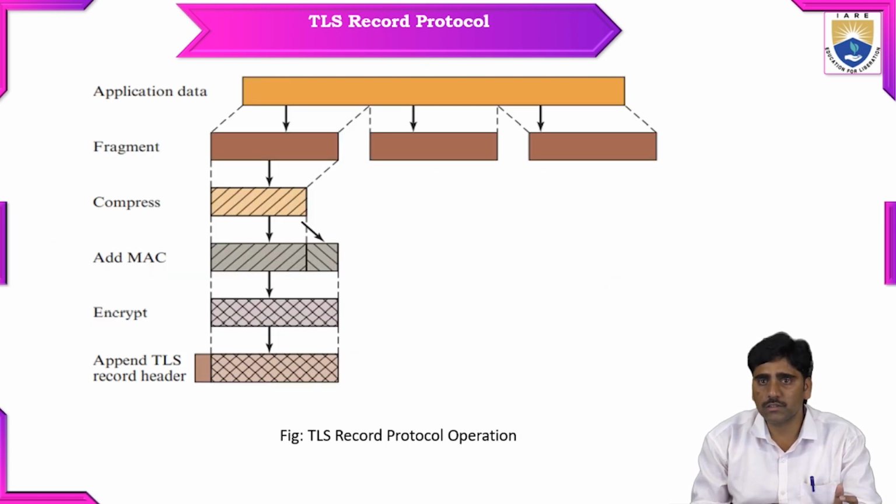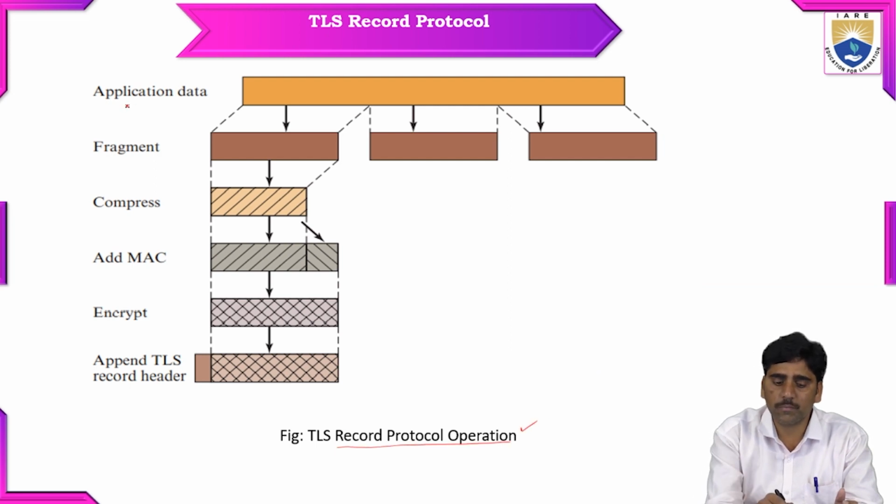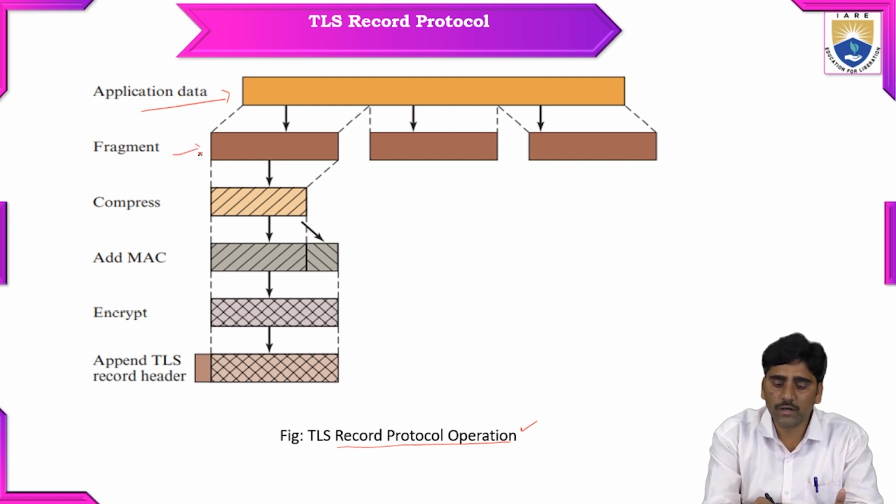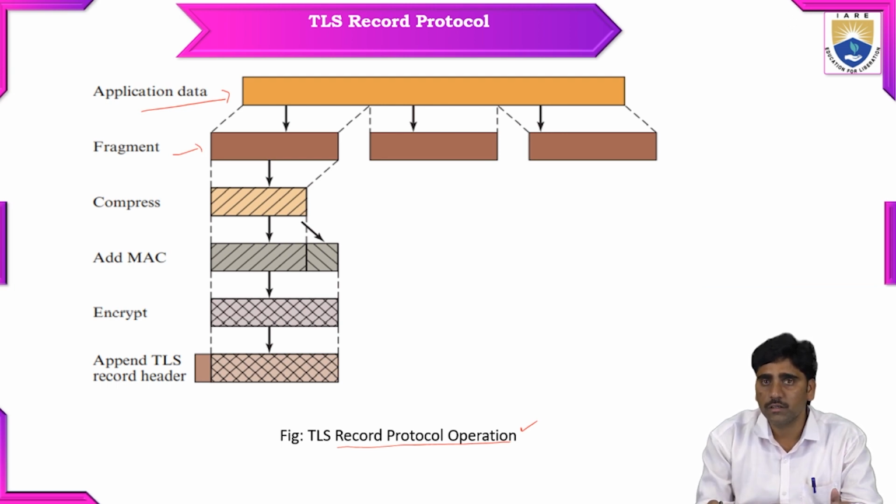Here we will see the TLS record protocol operation. This is the application data which is going to be transmitted to the next level. That data is divided into blocks, and each block is called a fragment. After dividing into blocks, compression is done to reduce the size.